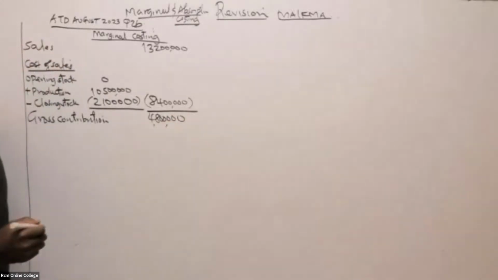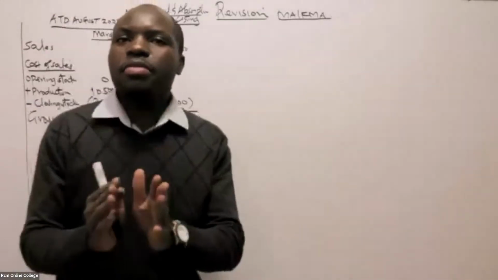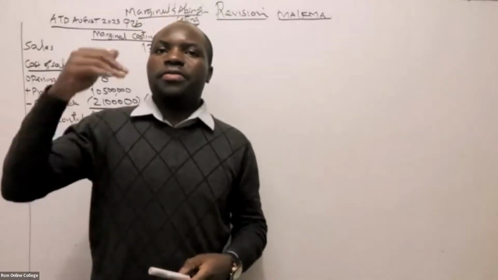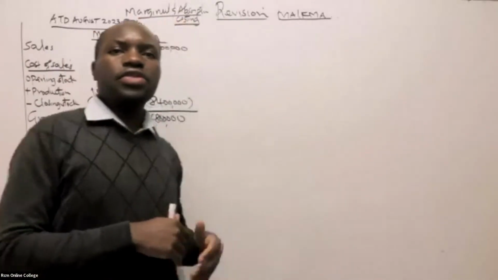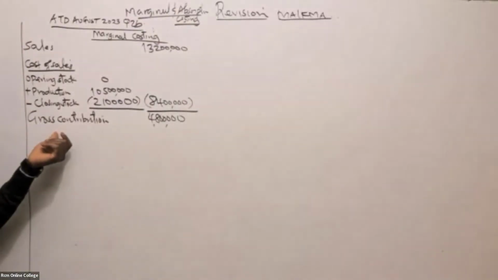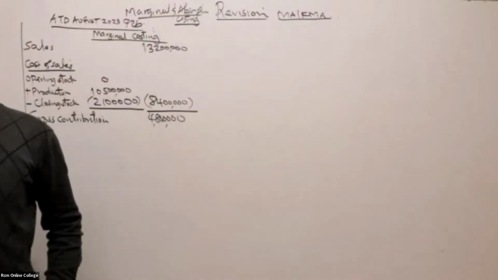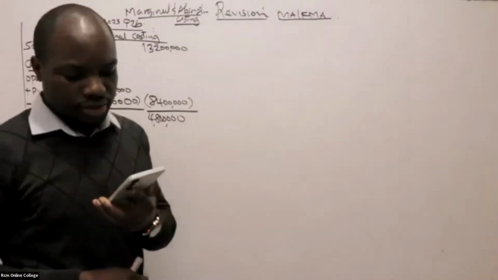4,800,000. We are calling it gross because in our question, we'll be having variable non-production expenses: variable sales and distribution, variable admin expenses. Those variable non-production costs have to be deducted from the gross contribution to give us what we call net contribution. So do we have anything in the name of variable non-production expenses?